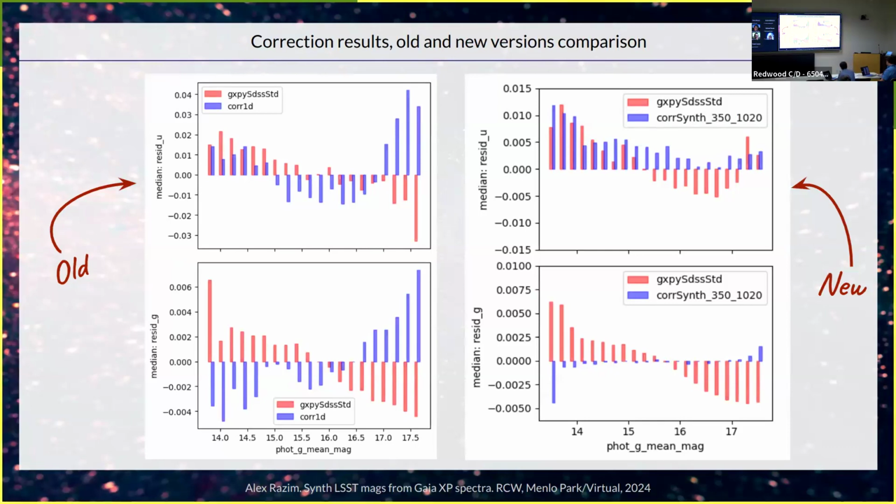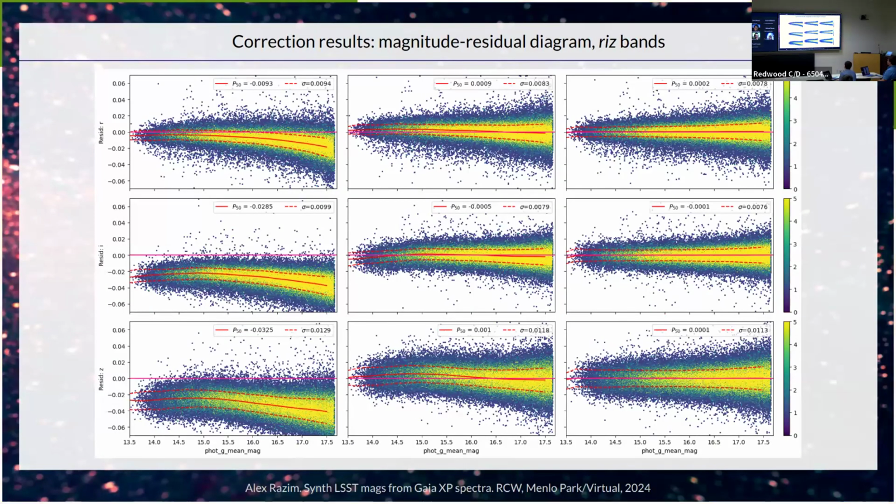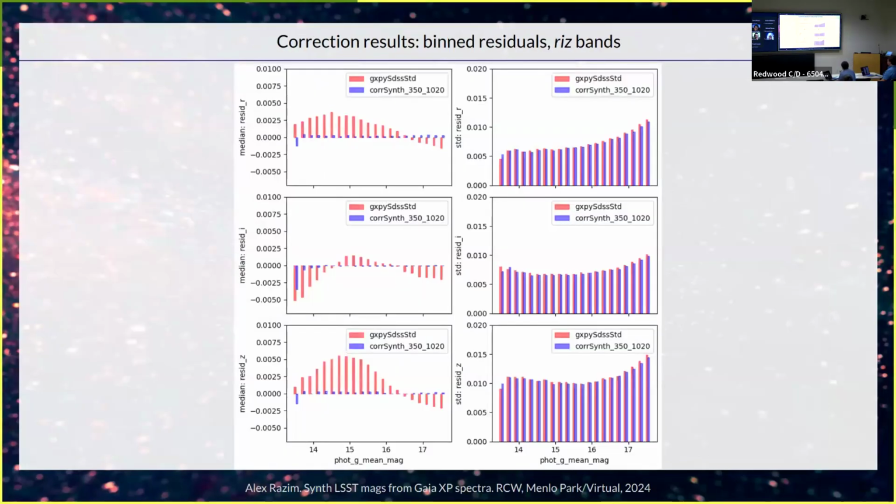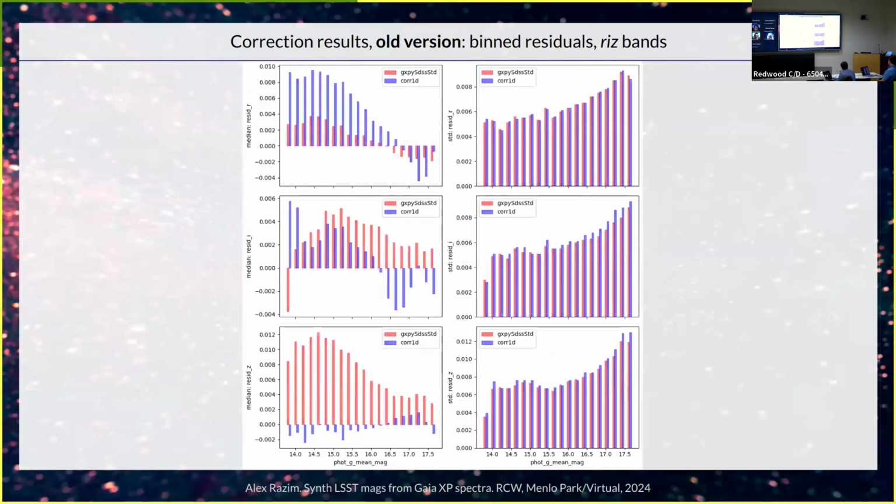If before we had average median magnitude residuals of the order of 0.01, then now we are routinely going down to 0.001 if we are lucky. So for the RYZ bands, the trends turn to almost non-existent. We cannot do much with the random noise, unfortunately, but the median residual goes close to 0.